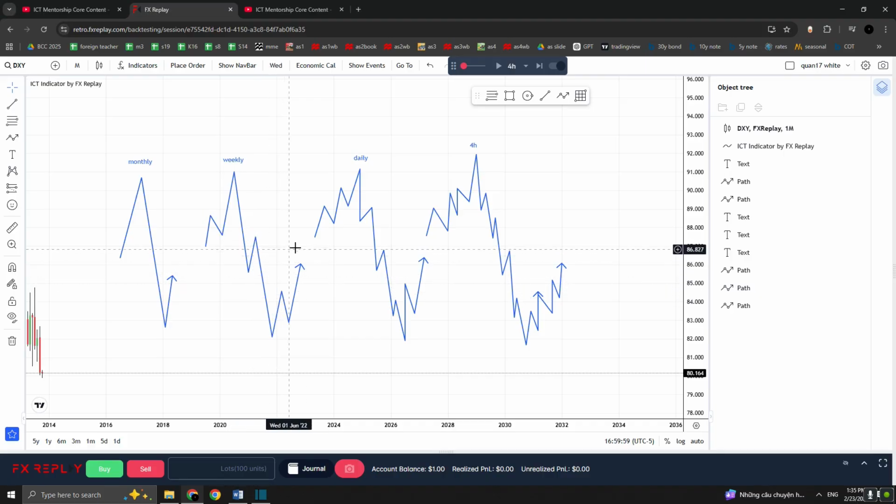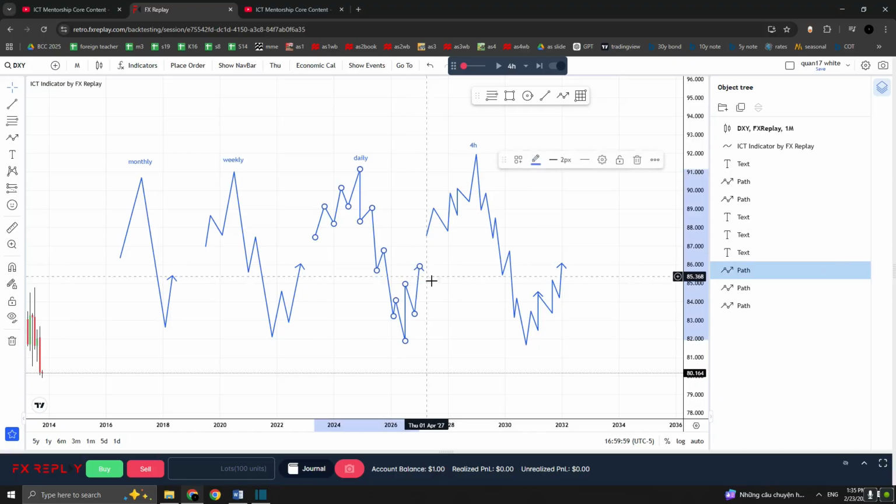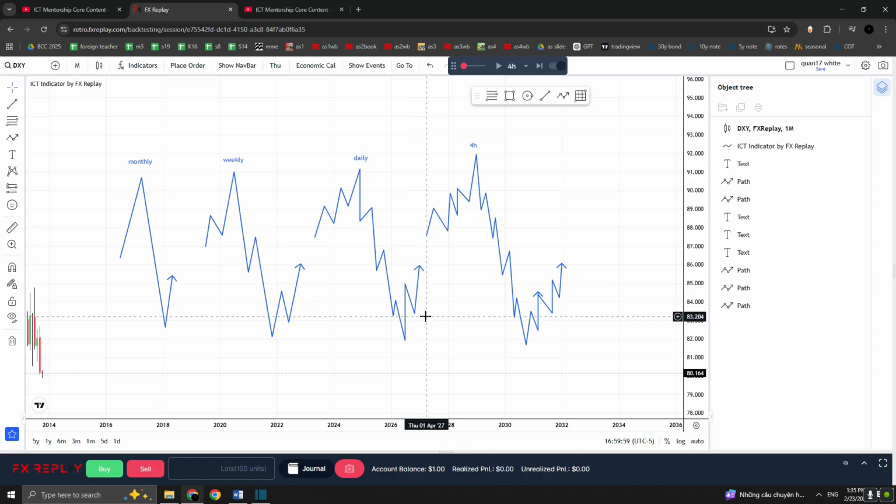So if we're buying at the daily discount PD array at the weekly and the monthly discount and aiming for the weekly and the monthly premium arrays, we can catch the move that requires hundreds of pips, more than 500 pips, sometimes 600 pips, 700 pips, and then put the stop loss 40 days in the past, because price can sweep the 20 days lowest low and keep being bullish, maintaining the direction of the weekly and the monthly.